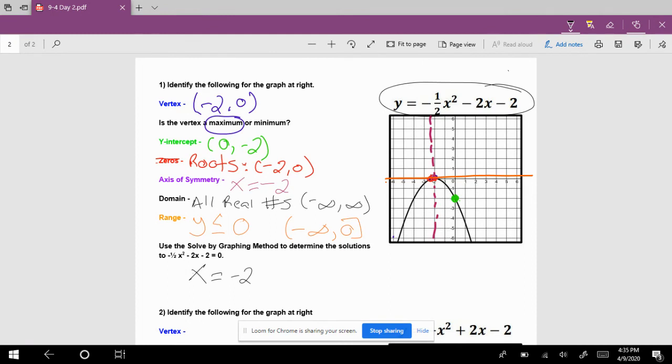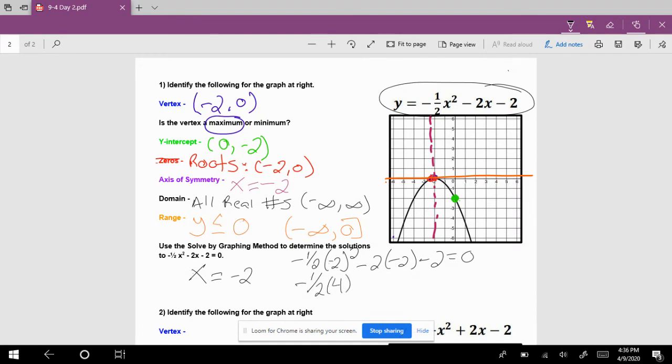And I can double check it, right? If I plug that answer in for all the x's in this equation, oops, drop my negative, that will be important. -2, I'm hoping that this gives me 0. Order of operations, -2 squared is a +4.